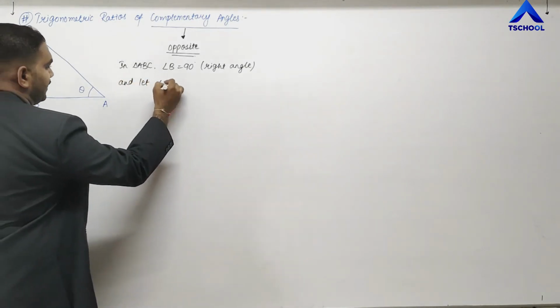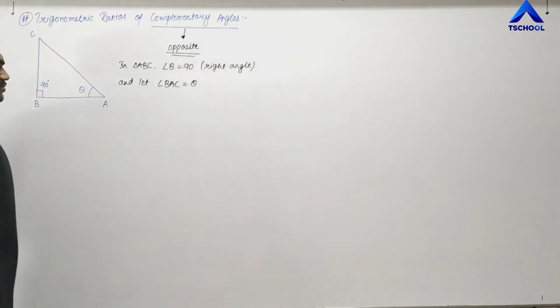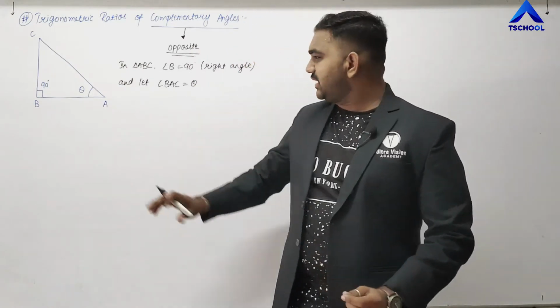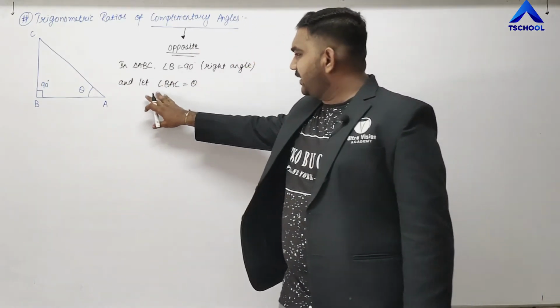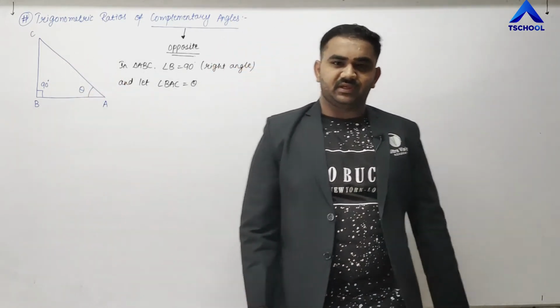Let angle BAC be equal to theta. So what we have done is that here in triangle ABC, angle B is equal to 90 degree or right angle, and we have let this angle BAC be equal to theta.